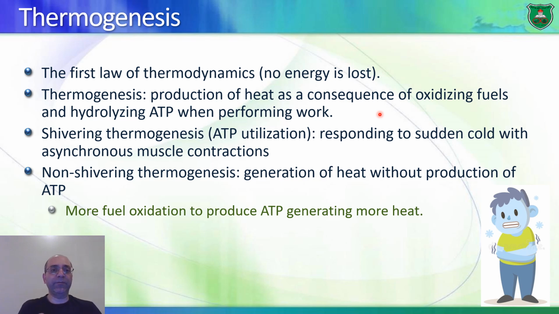This is a natural response of our body that results in the production of heat in addition to some ATP. So this muscle contraction results in the production of ATP as well as some heat.